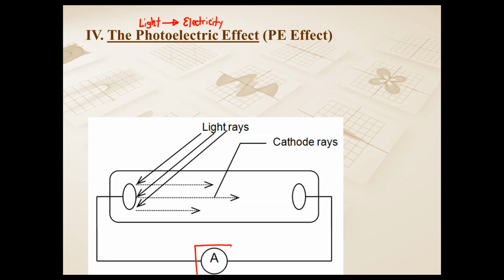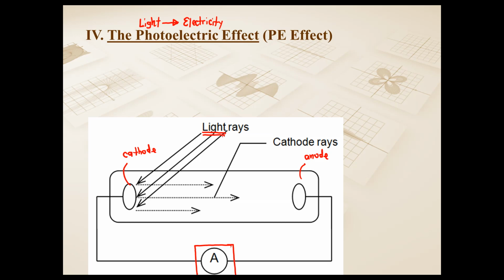And this jumbo battery basically did work to move electrons, and the electrons could jump from the cathode to the anode. There was enough power in that battery to make them jump across the gap. So we do not have a power source here. Our only power source is light.